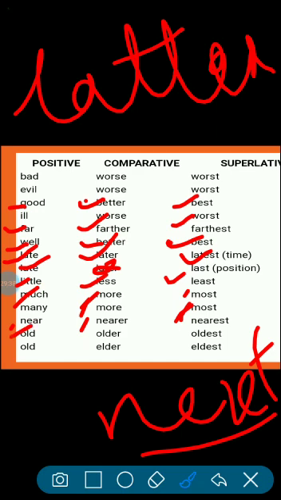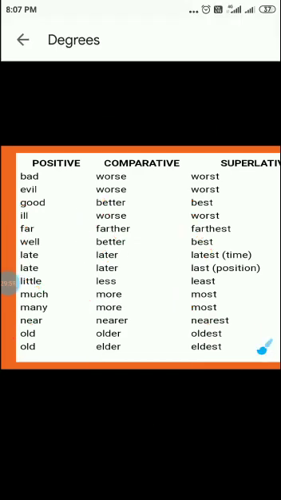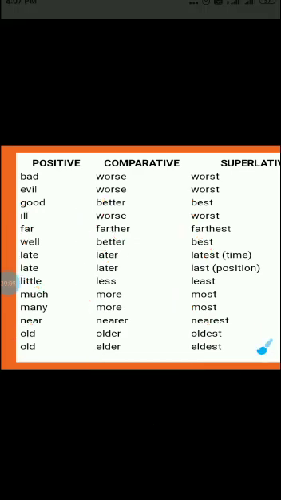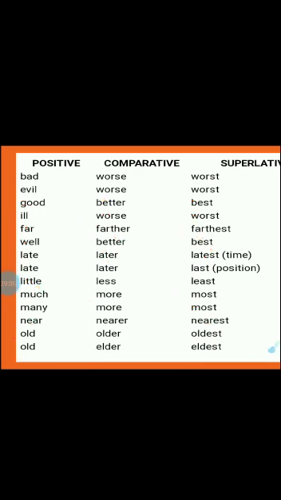Old, older, oldest, and old has another comparative form also. It is elder, and another superlative form is oldest and eldest. Okay, so these are the words that change their comparative and superlative forms.